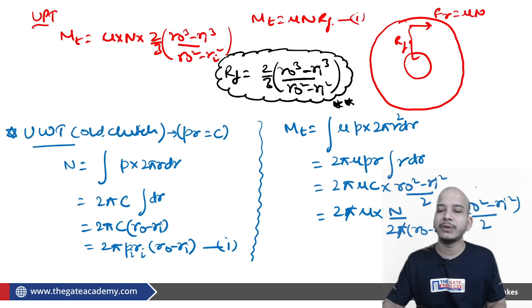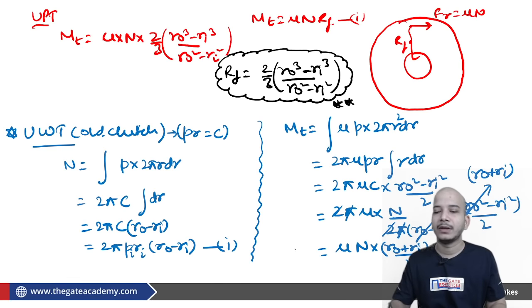RO square minus RI square will be equal to RO plus RI into RO minus RI. So this will become RO plus RI, and RO minus RI will get cancelled from both the sides. Basically this 2 will also get cancelled. Basically you will get mu into n into RO plus RI by 2. So empty will come out to be mu into n into RO plus RI by 2.